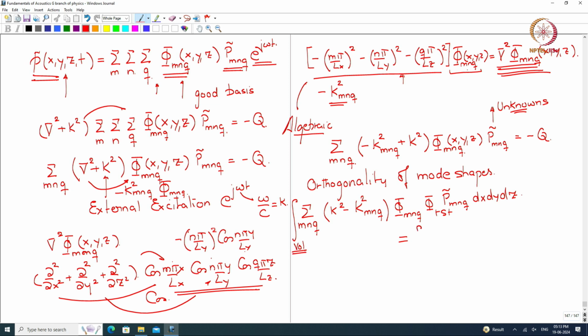So here also a volume integral minus q into phi rst dx dy dz.